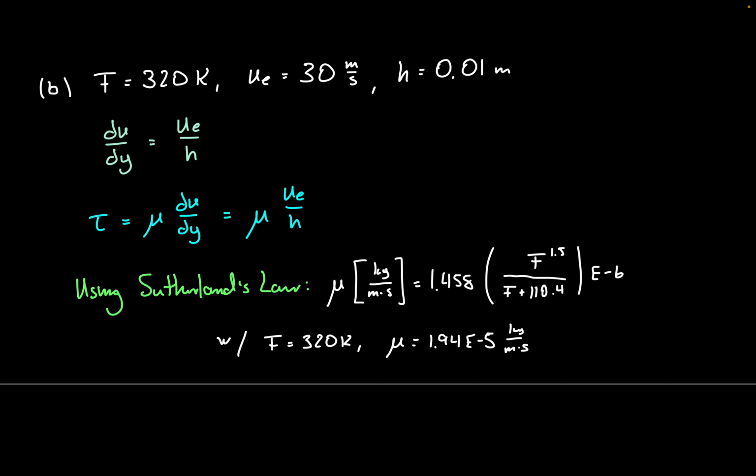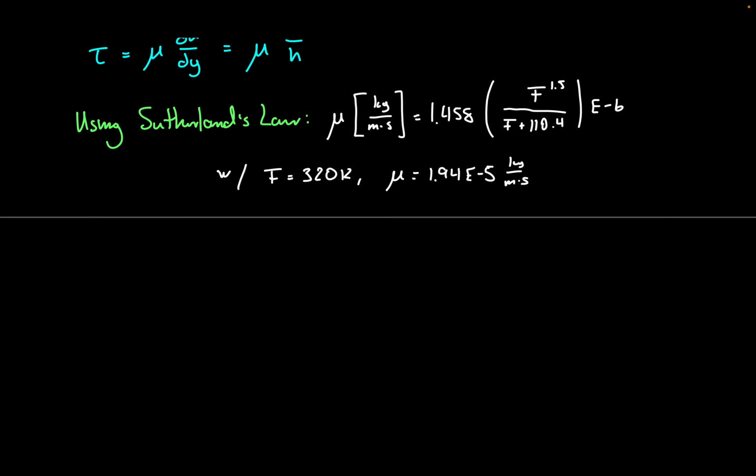And then now we have essentially all of the parts to actually solve for the shear stress. So we can say that tau is going to be equal to mu times U sub E divided by H, which is equal to 1.94 times 10 to the negative 5 kilogram per meter second. And then we're going to multiply by 30 meters per second divided by 0.01 meters.